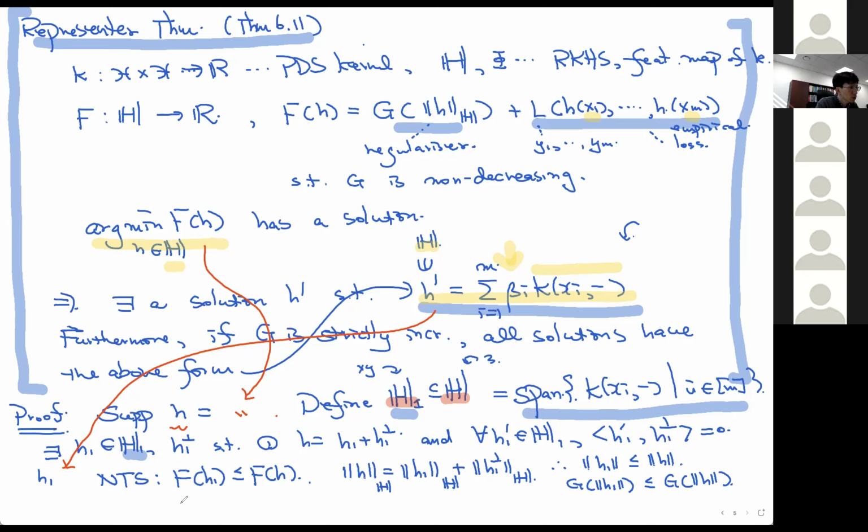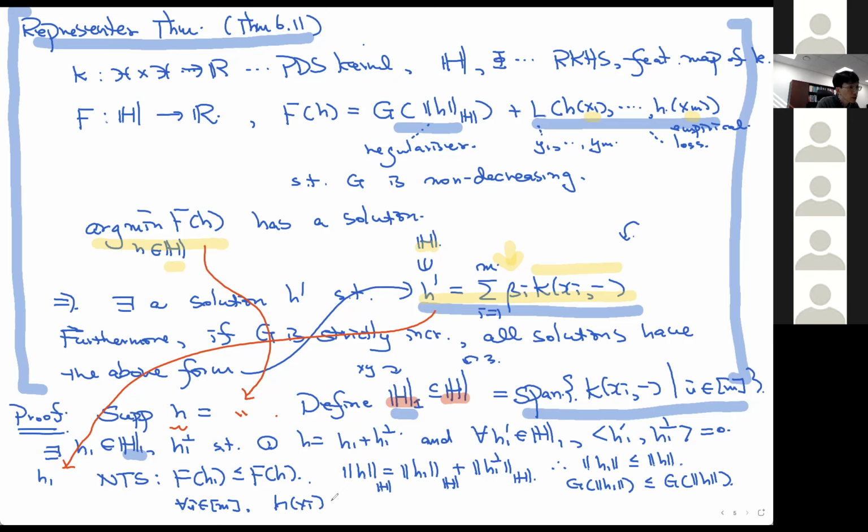One property we can say is, for every xi, for i in n, now think about h of xi.